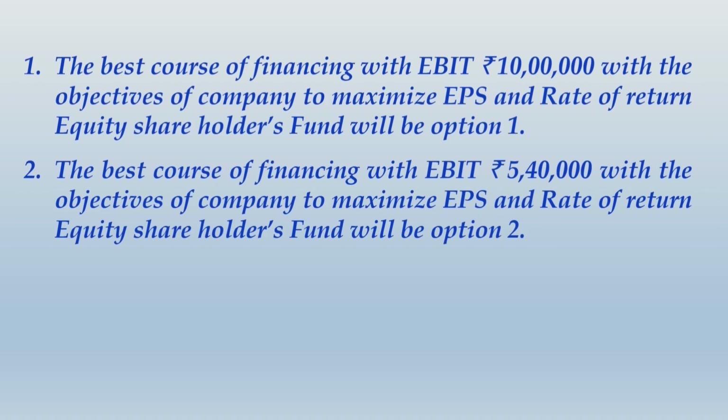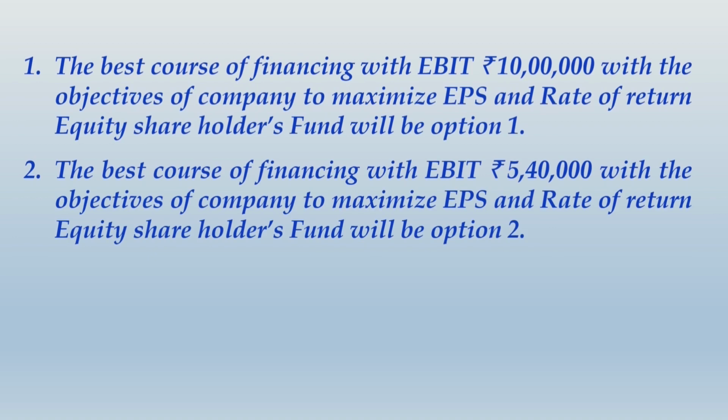So when it is 10 lakhs of EBIT, option 1 is to be preferred, and when it is 5,40,000 of EBIT, option 2 is to be preferred. So do one thing, write up this conclusion, and then I'll explain once again the role of financial indifference point and the calculation of the same, because that is required in the third part of the question.